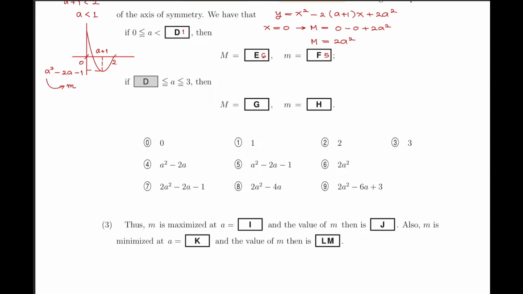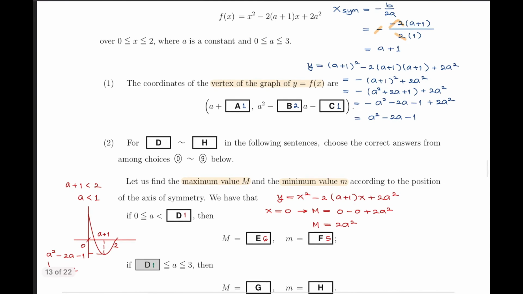And then let's move to the second case. If 1 is less than or equal to A less than or equal to 3. Why is there 3 here? Because A is between 0 until 3.